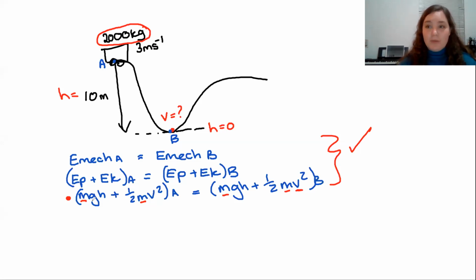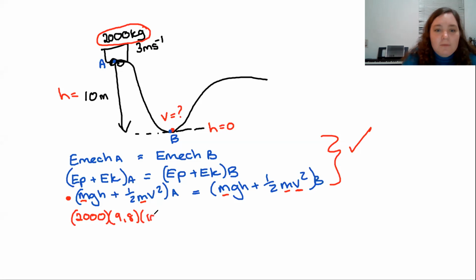We're going to do this properly, so we're going to plug it in, but I could just as easily put any number here and I'll get the same answer. M times 9.8 times 10 plus a half 2,000 times 3 squared.